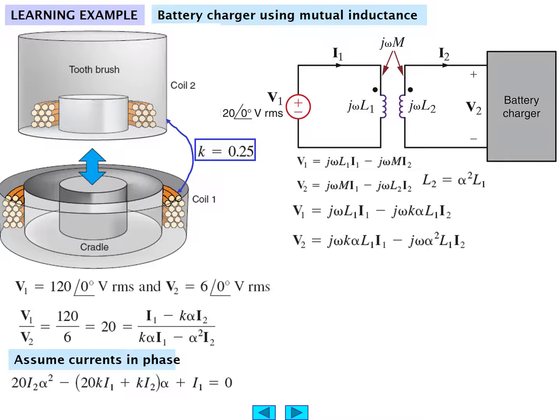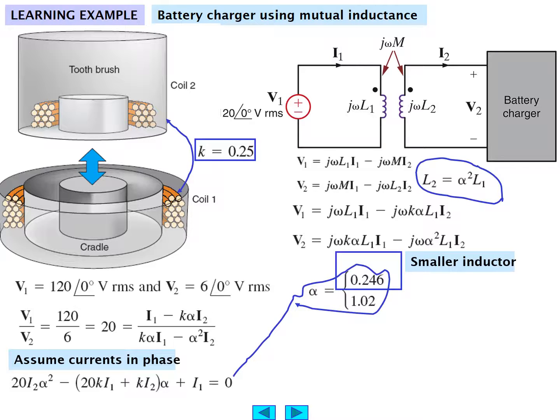We can assume that the currents are in phase so that we can do the calculations not as phasors but as just magnitudes, which is what we've done here. We could then calculate what alpha could be, or should be anyway, as a result. Well, it turns out that alpha is equal to 0.246 divided by 1.02, and therefore L2 is equal to alpha squared L1, and L2 would be the smaller of the two inductors as a result.